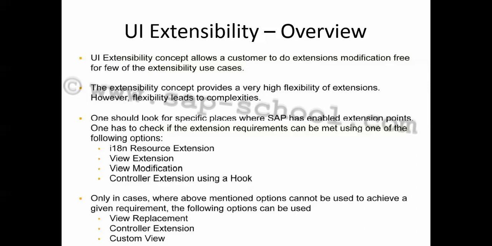So one has to check if the extension requirements can be met using one of the following options, which are I18N resource extension, view extension, view modification, controller extension using a hook. Only in the cases where the above mentioned options cannot be used to achieve a given requirement, we can use options like view replacement, controller extension, and custom view.